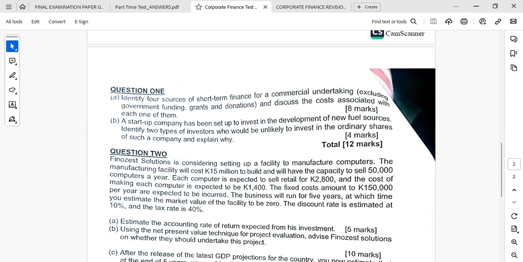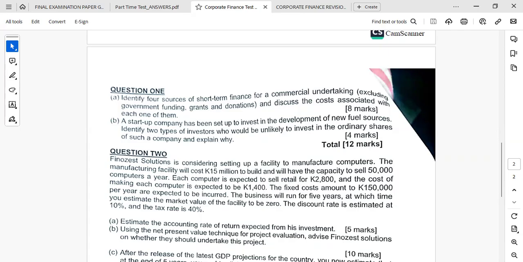Okay, treasury bills, yes. Continue. Commercial paper. Those are for short-term, yes.